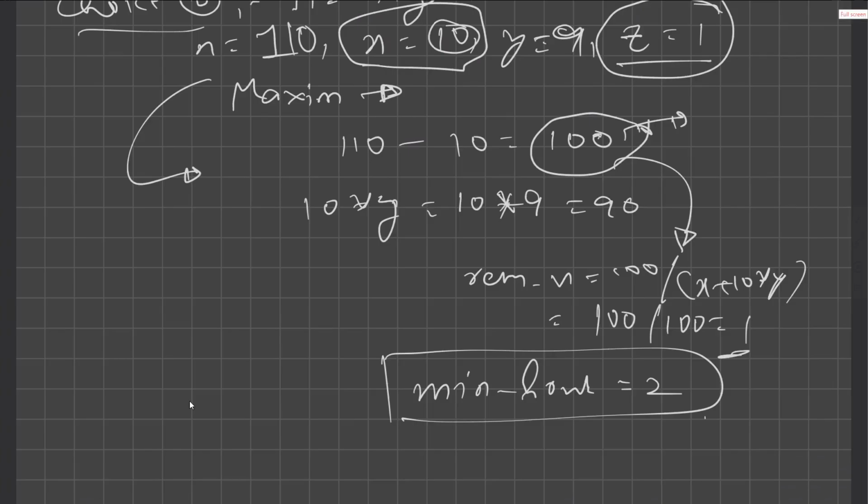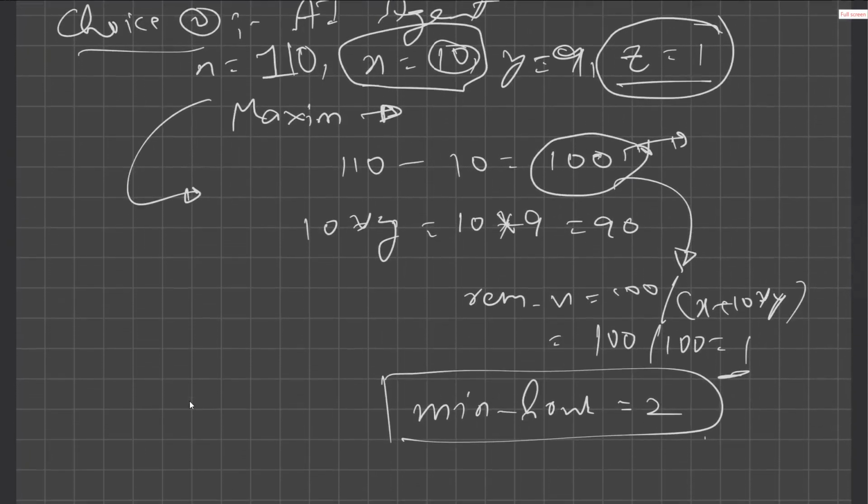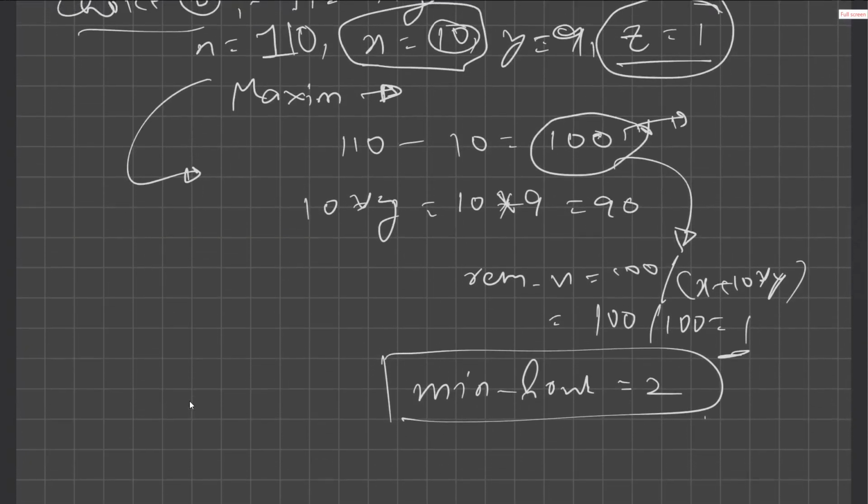So while coding, we'll take both the choices. The first choice I've already explained: we have to do n divided by x plus y. In the second one, we'll have to subtract n minus x into z. x into z is the speed of Maxim times the number of hours required by Nikita to set up the AI agent. So when she's setting up the AI agent, Maxim will also be working.